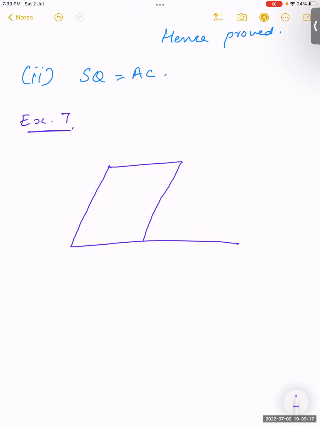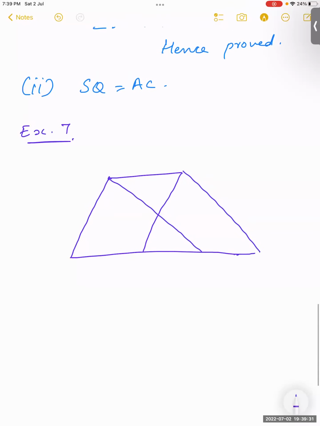The other parallelogram has to go like this probably. Okay, so I have got two parallelograms here. One is ABCD, and the other one is ABFE.